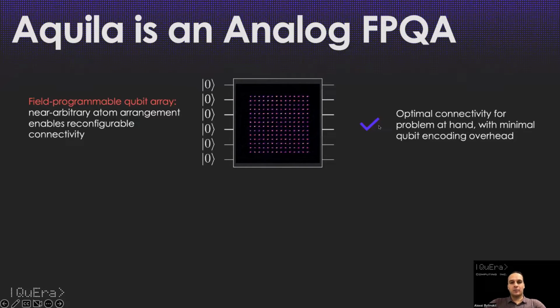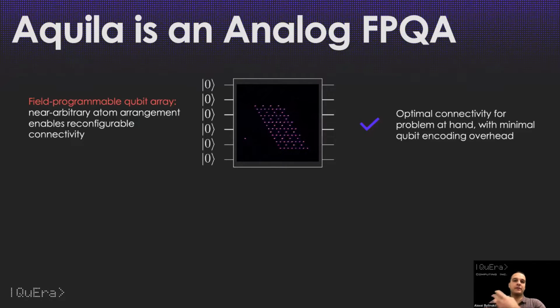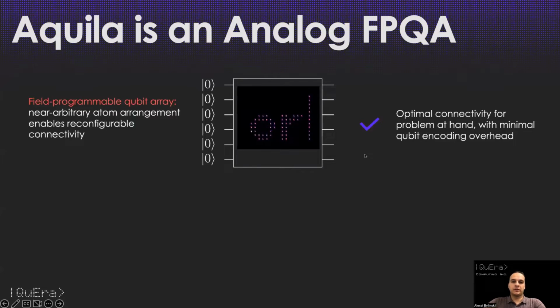Let's go to the analog part. So now that we have defined the architecture of the processor, which can be rebuilt every quantum computation into a new geometry, there's also an input component, which is basically an analog waveform that is applied to all qubits simultaneously.